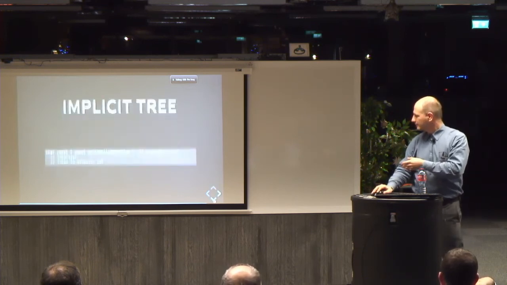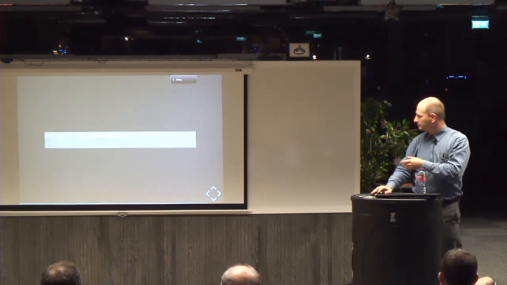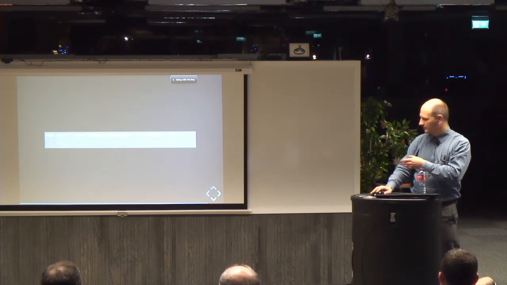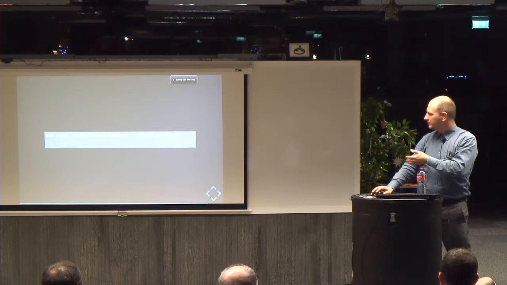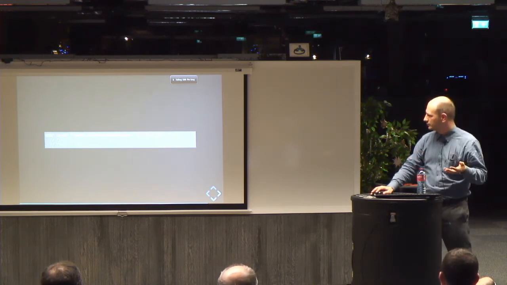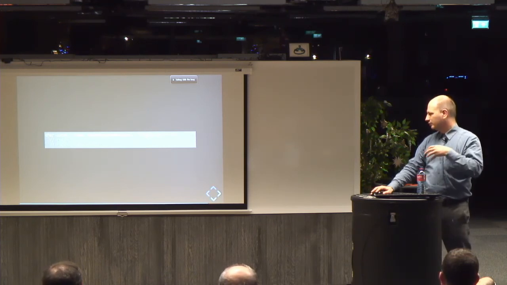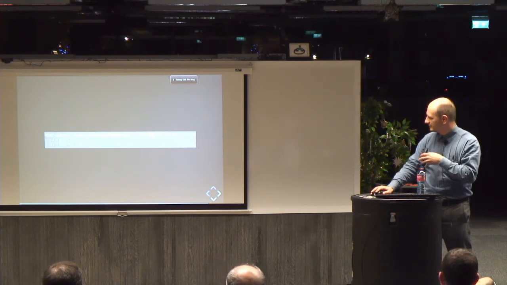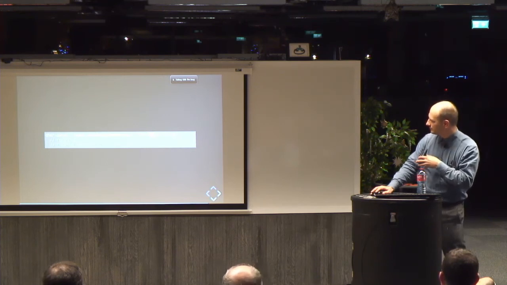So this would be a representation of the AND tree, and we know that the if node has two children, so this would be the true case children, and this would be the false case children. And this P node has two children, so this would be the first children.